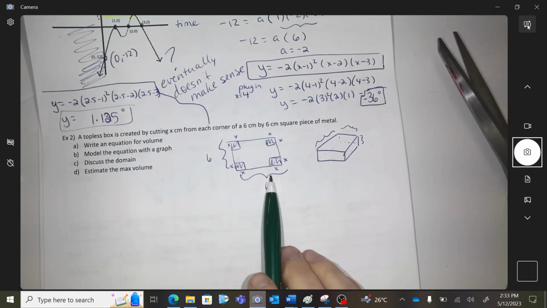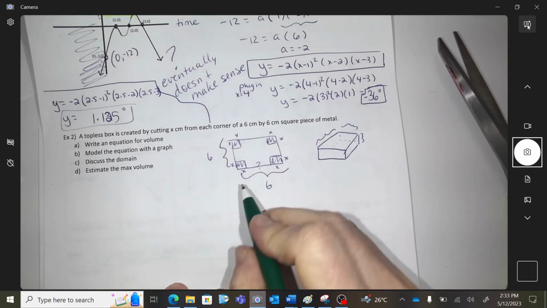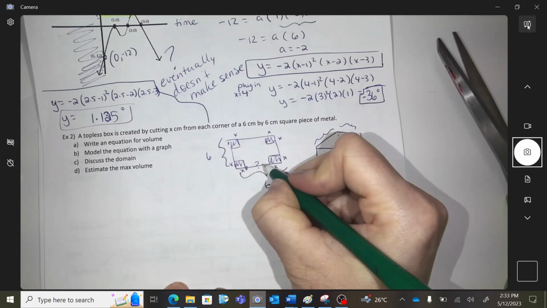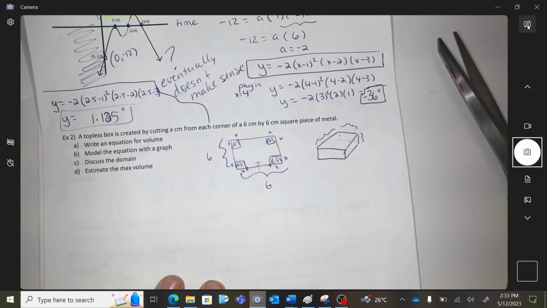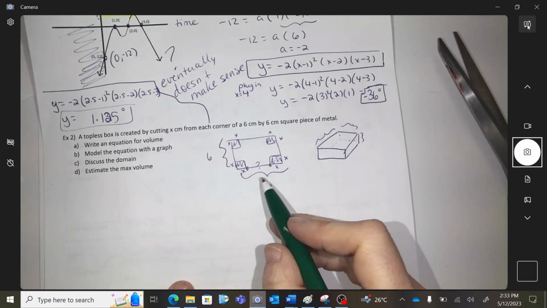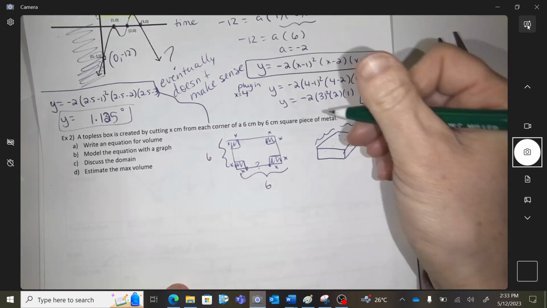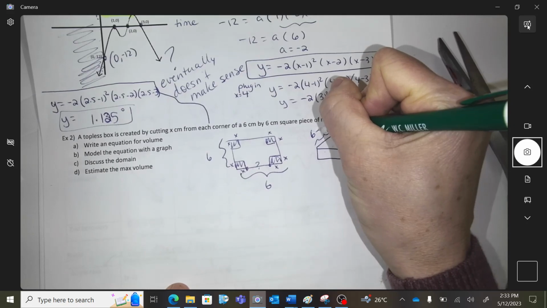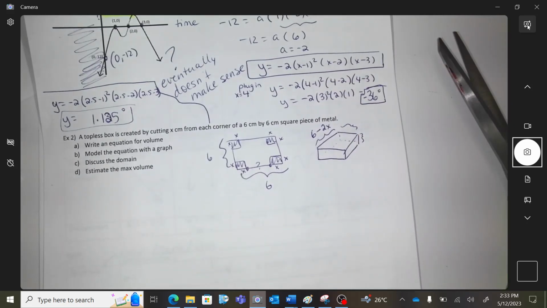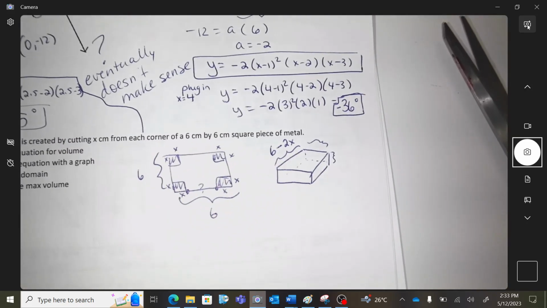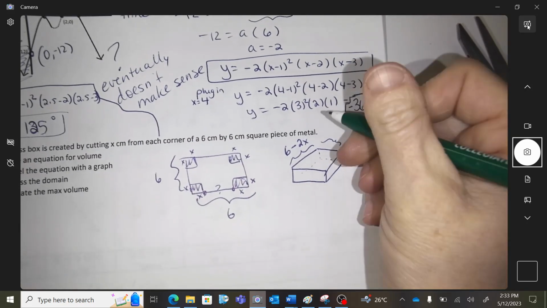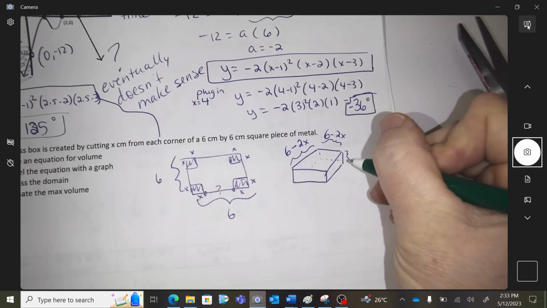Okay, so how do I represent this new length from here to here in math? 6 minus 2x. You had 6 and you subtracted 2 x's off. You see it? So this is also 6 minus 2x.